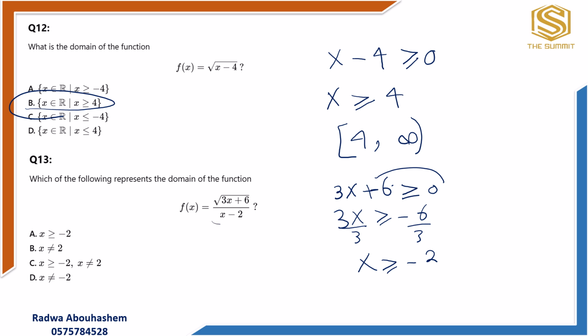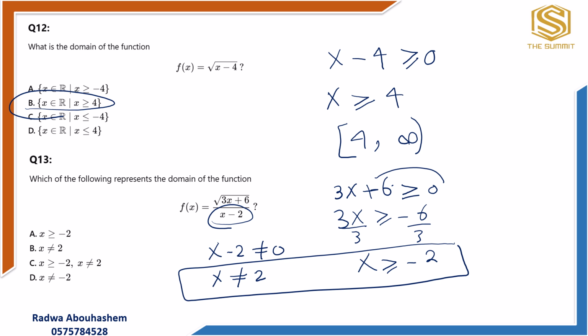The denominator should not equal 0. So x minus 2 does not equal 0, so x does not equal 2. So this means I have to take both domains. So x is greater than or equal to negative 2, and I should remove 2. If I want to express the interval, it would be from negative 2 to infinity, excluding 2.